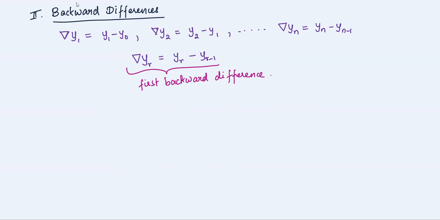Now we want to find the second backward difference, nabla square yr. What will that be? Nabla yr minus nabla yr minus 1. So this is the second backward difference.